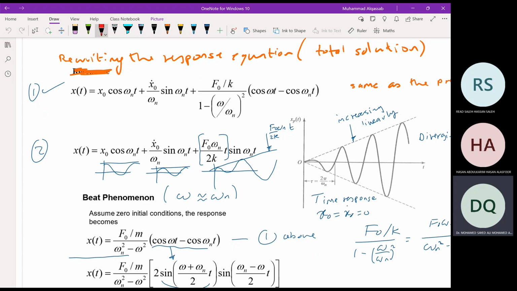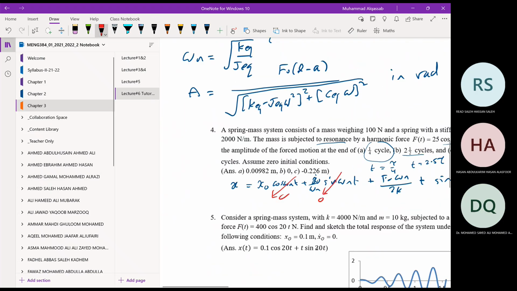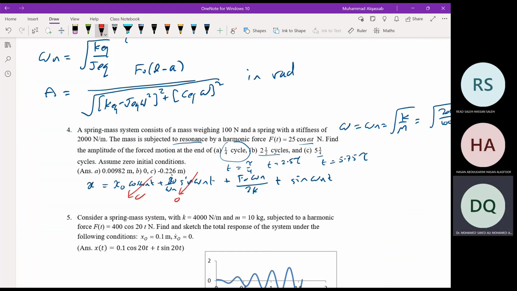And then number 2 is valid only at resonance, which is x0 cosine omega n t plus x0 dot over omega n sine omega n t plus f naught omega n over 2k times t sine omega n t. Okay, and this is the equation to be used, equation number 2. Just make sure here, when you calculate sine omega n t, to change the mode of the calculator to radian.